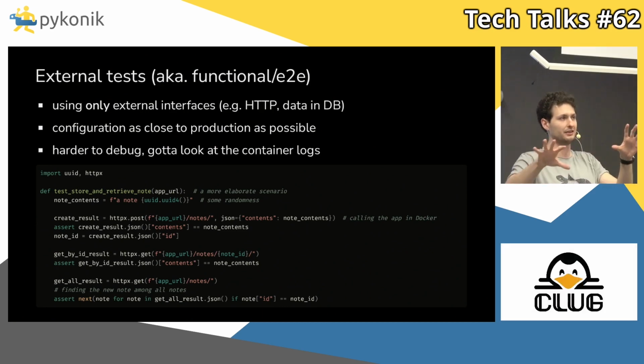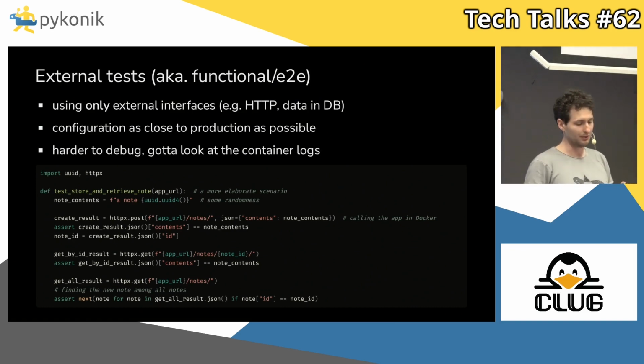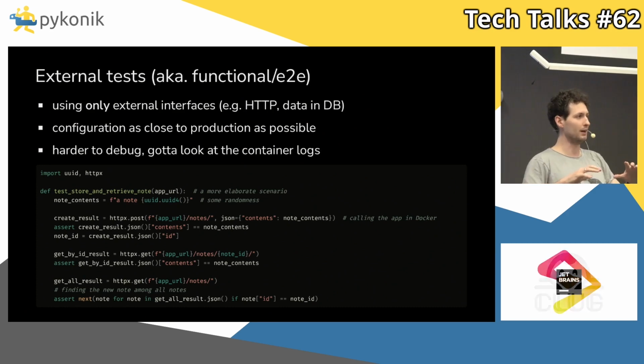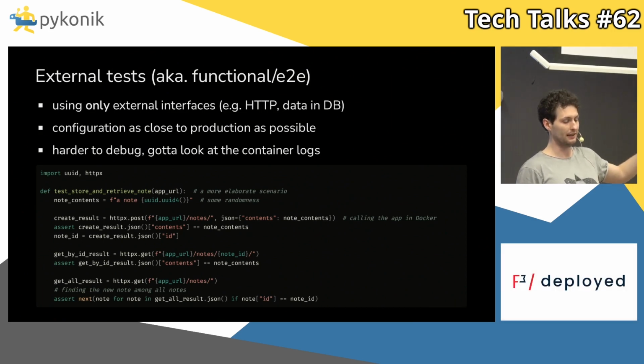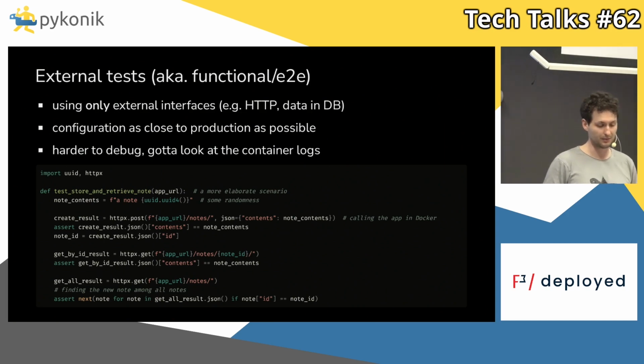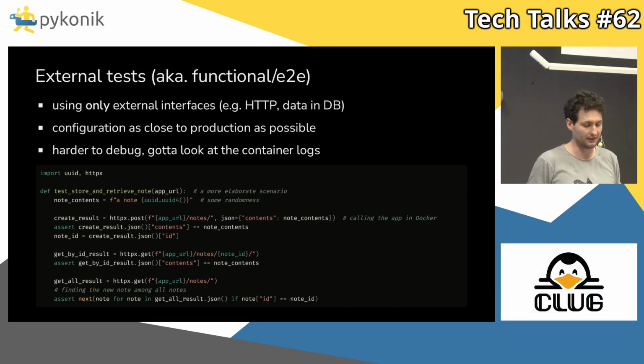You can use some of the application code for utility stuff or whatever, but you should minimize the use of your application code in your external tests. Also, it would be nice if the configuration of the app that you're running the test against is as close to production as possible, because that gives you more certainty that things are actually going to work.